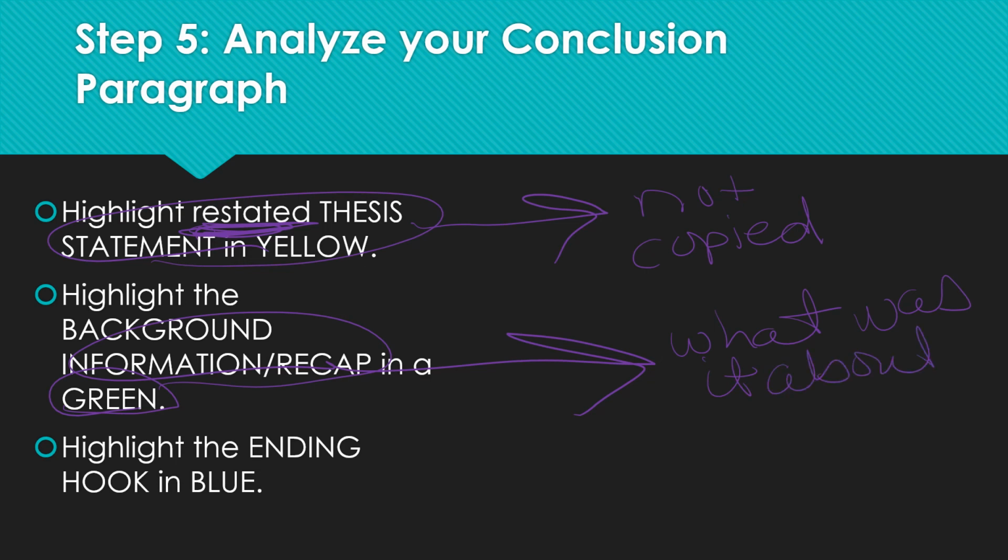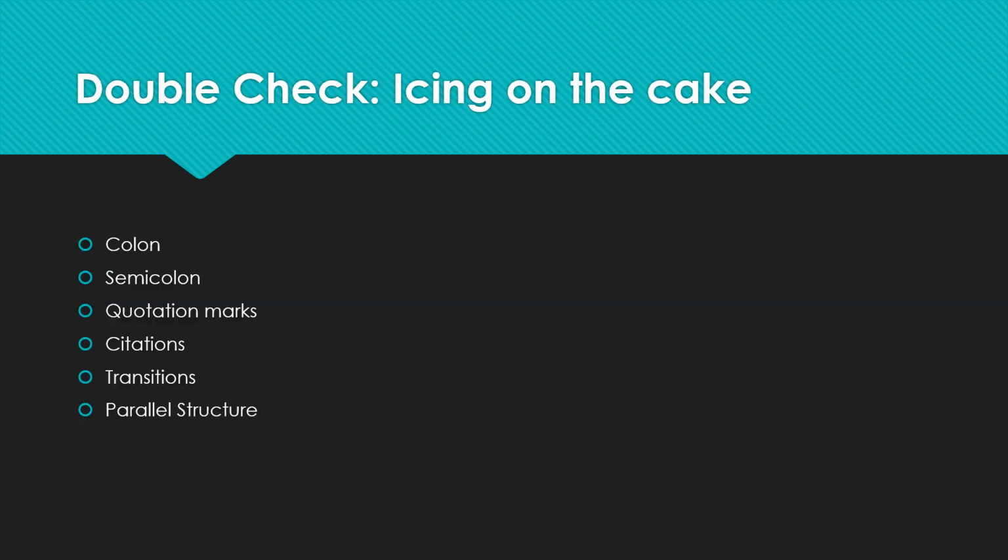This is where you can talk about like your 3 key points of your body paragraphs. 4 key points, that's totally fine. And then highlight the ending hook in blue. How are you going to leave me thinking? Pause now. Find all of these in your conclusion paragraph and fix it.